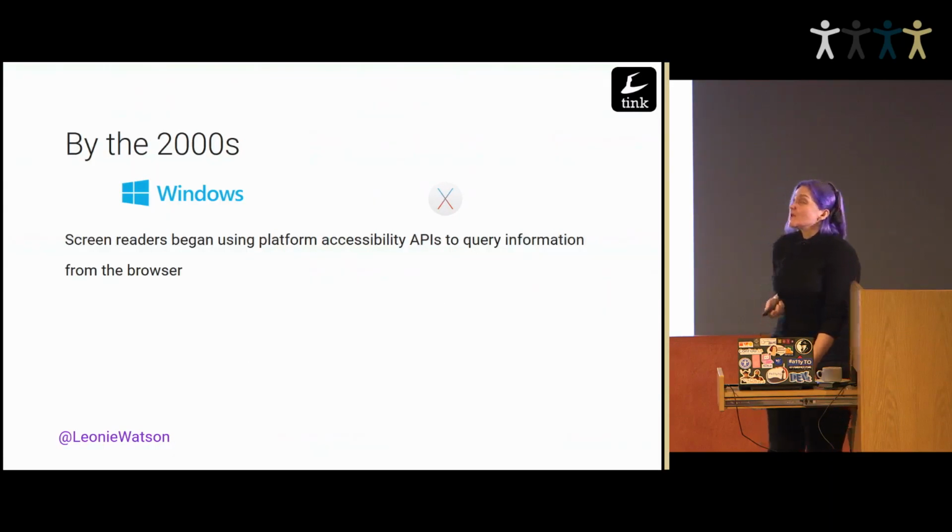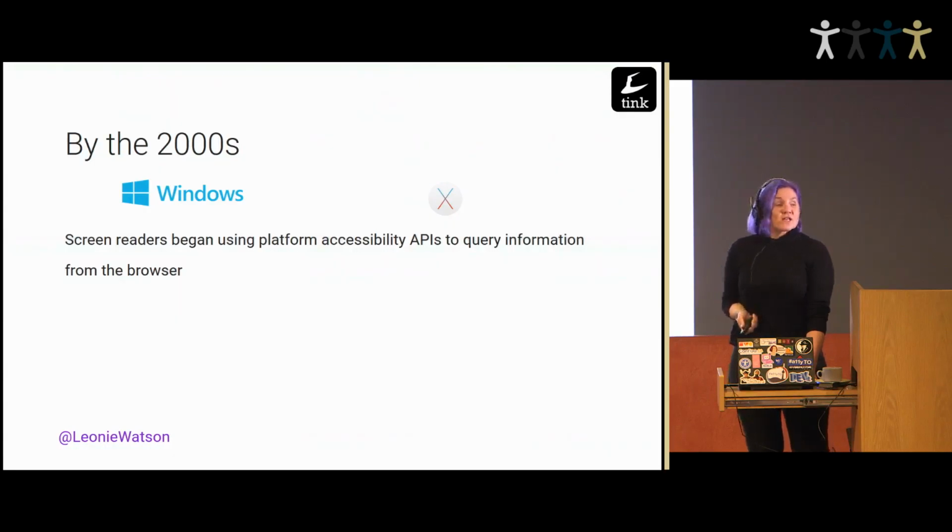By the time we get to the early 2000s, things had changed quite radically in the relationship between browsers and screen readers. The browsers had implemented support for platform accessibility APIs, and that meant that screen readers could ask the browser for accessibility information about the content.